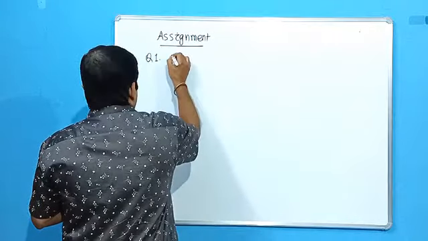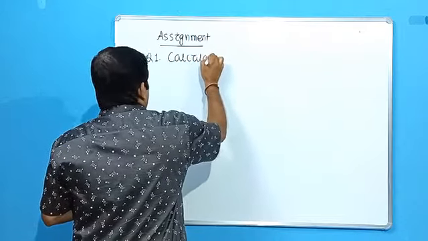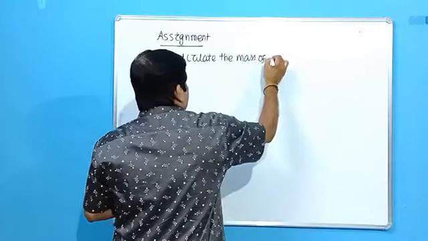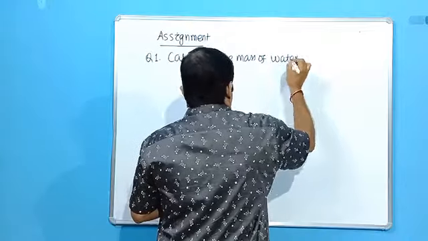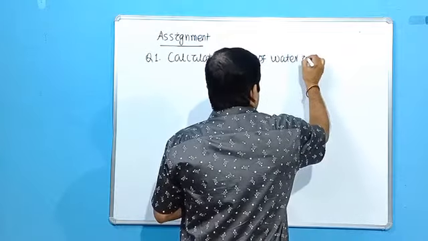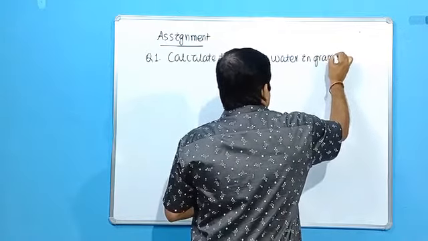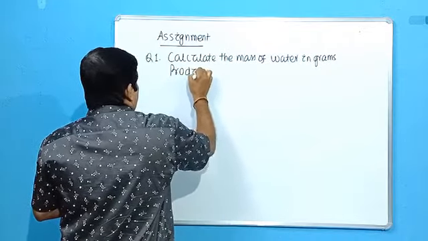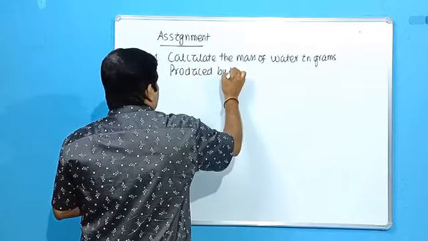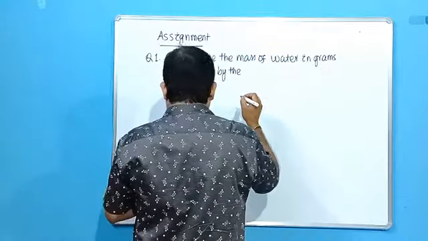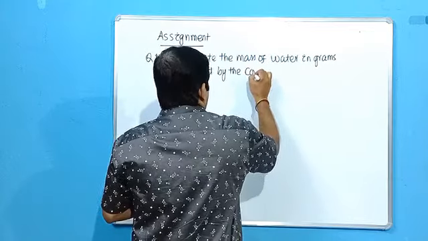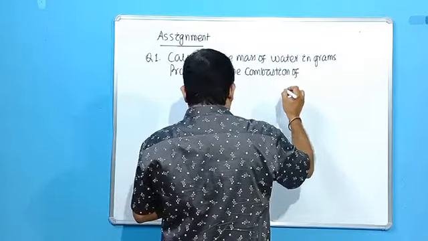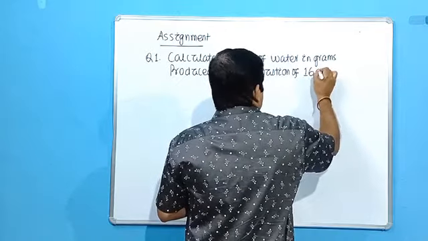Calculate the mass of water in grams produced by the combustion of 16 gram methane.